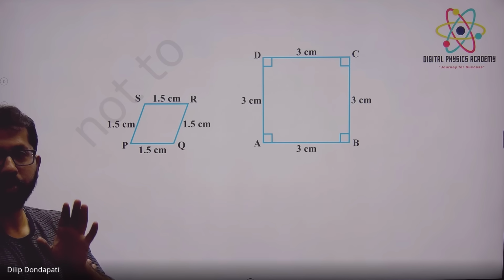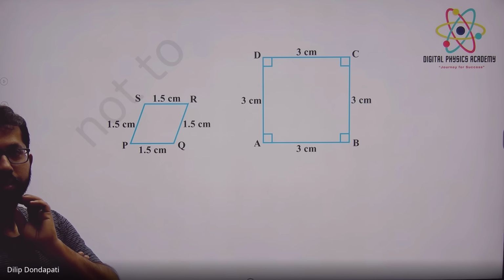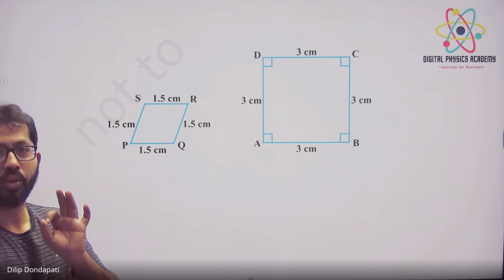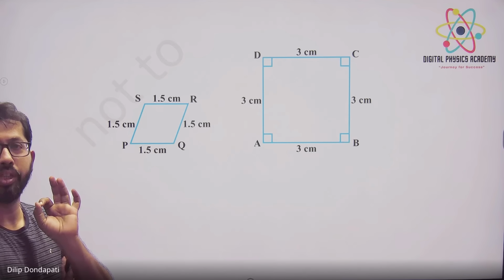Corresponding angle should be the same. नहीं ऐसा नहीं है. फर्स्ट कंडीशन क्या है? Tell me clearly. The first condition is what? Corresponding angles should be similar. Similar नहीं है. Corresponding angle should be equal.